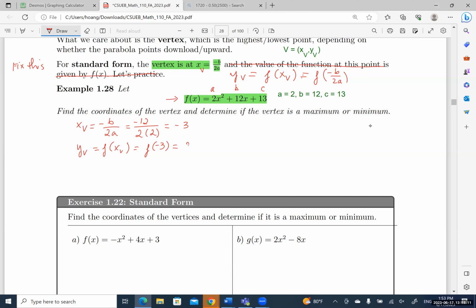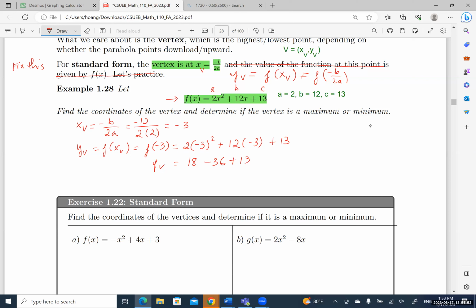2 times negative 3 squared plus 12 times negative 3 plus 13. So yv is going to be what? 2 times 9, which is 18, plus 12 times negative 3, which is negative 36, and then plus 13.